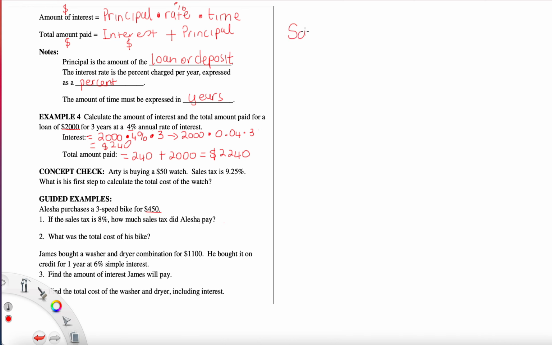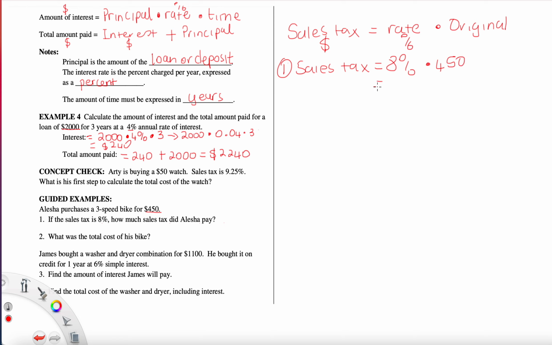Remember, your sales tax, like if you want to pay tax at a store, will always equal your rate, which is given to you as a percent, times the original price.